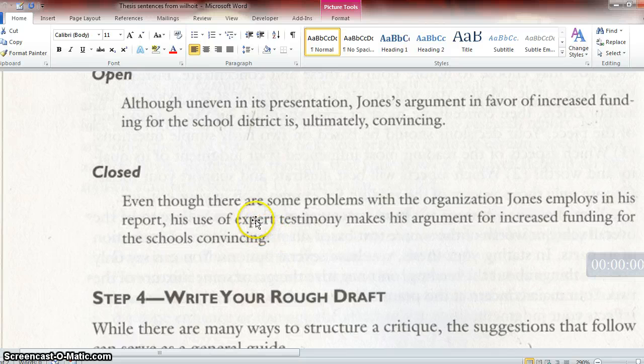So here I expect they closed it by being more exact about what they're going to talk about, and I expect the paper to then be about these problems with his organization, but how his use of expert testimony makes his argument convincing. And they're going to show the audience these things. And if they didn't, we would feel deceived as part of the audience.